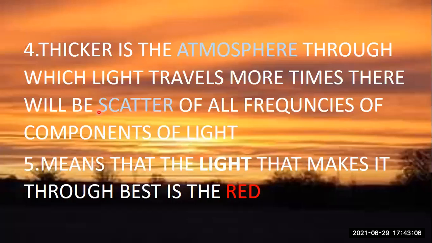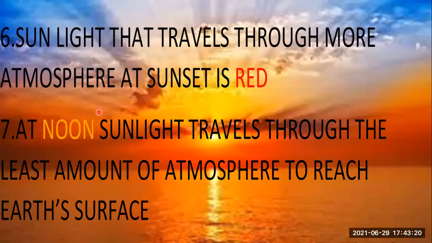The thicker the atmosphere the light travels through, the more scattering of all frequencies of light. This is the second most important point to remember. It means the light that makes it through is red, so the sun during sunset is red.